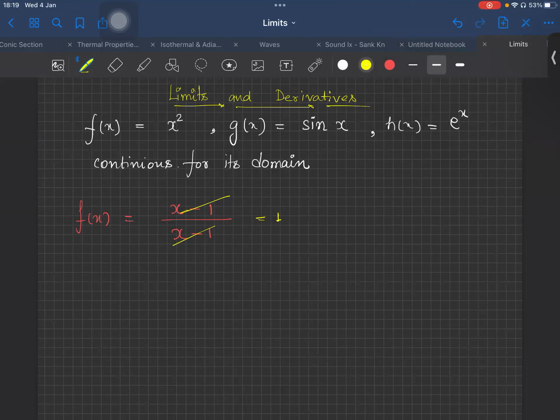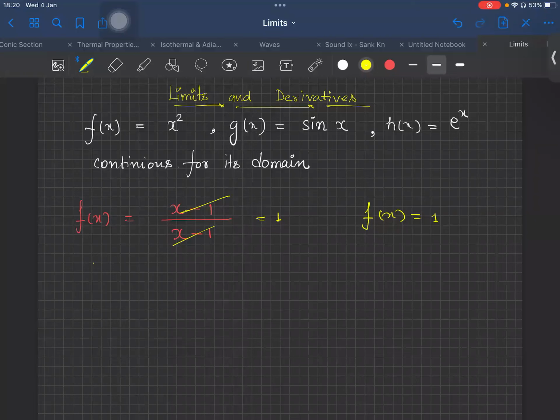So is f of x actually equal to 1? Can anyone tell me? Because the numerator and the denominator are the same value. Let's substitute.